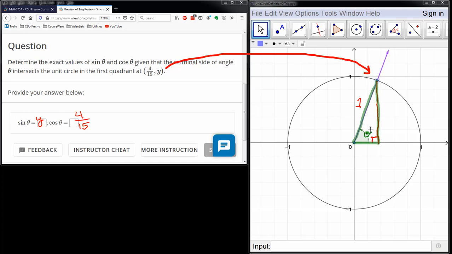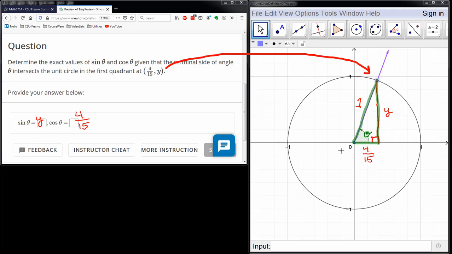The other thing I know is that this side of the right triangle is 4/15, because this side of the triangle is the x-coordinate of that point, and the problem tells me the x-coordinate is 4/15. The height of this triangle will be y, because the height is the y-coordinate of that point.